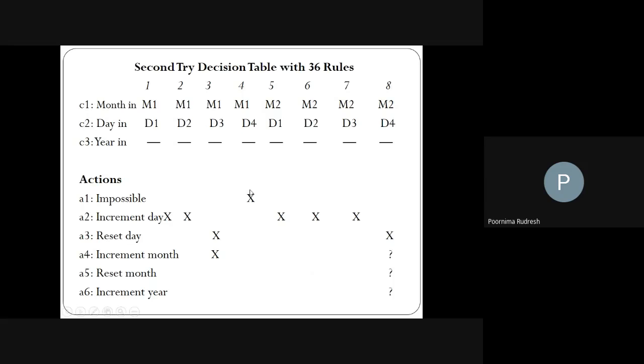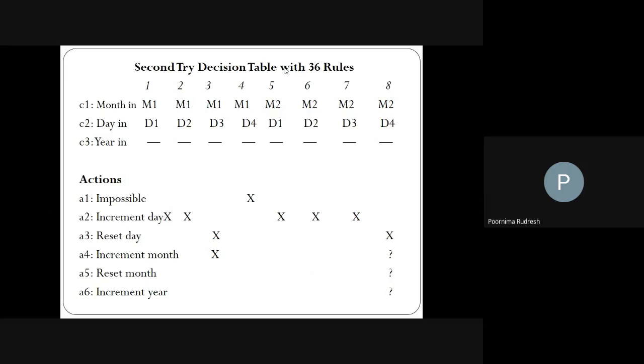Let us consider that M1 is the April month. So we have defined the month for M1 as April, and D4 is equal to 31 days. Then what happens? April month, 31 days. Is it possible? No, it is the impossible case.